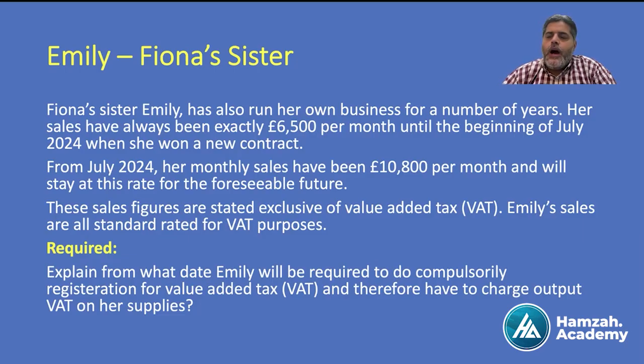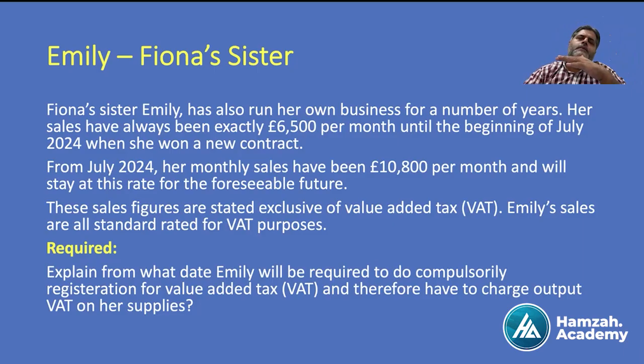So how many more months will she need in order to breach this limit? That is 12,000 divided by 4,300, which is around 2.79, or we can round it off to 3 months. So, July, August, September.